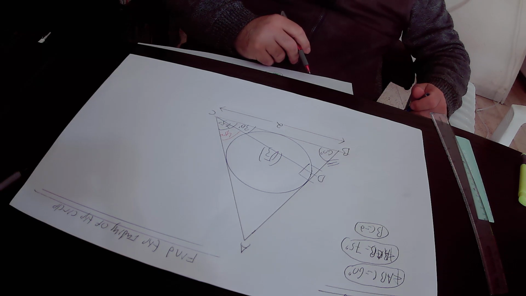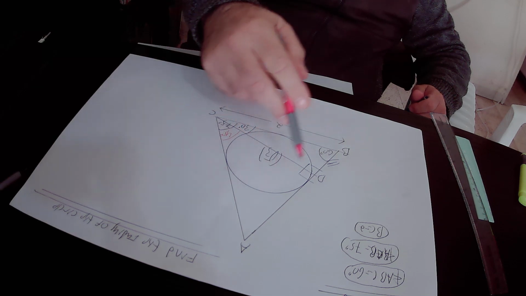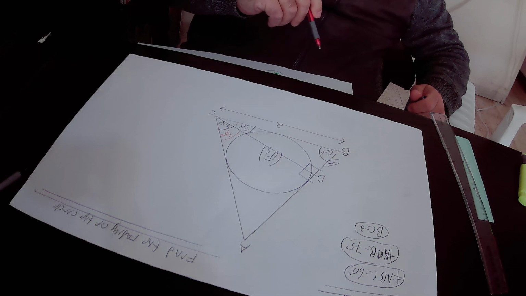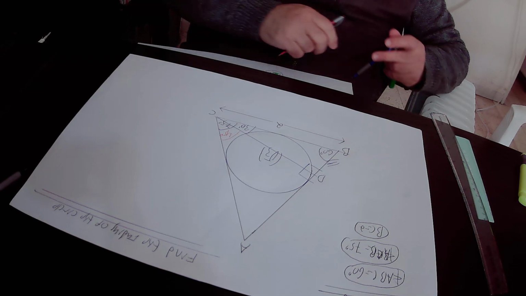In the next step, we'll focus on the right triangle ADC. So I copy the right triangle ADC in a new page and we'll analyze it.